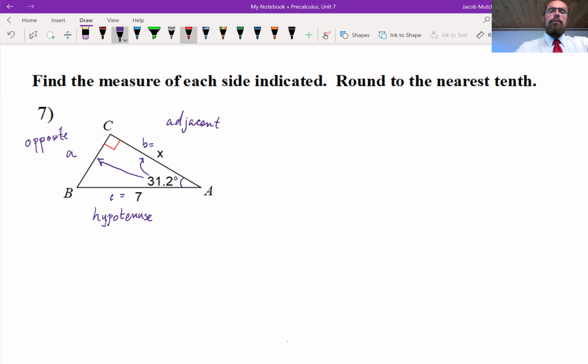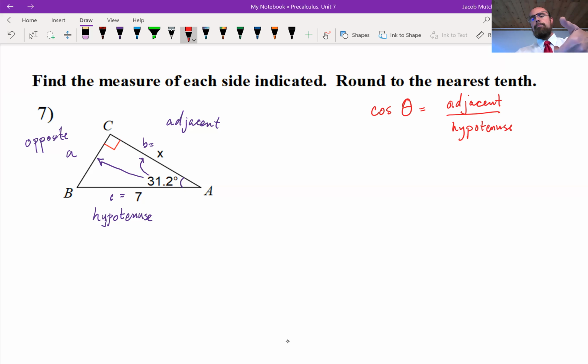Like we saw in our first example, there are some options. My first option is the cosine function. So cosine of theta would be given as adjacent over the hypotenuse. And then I did have a second trigonometric ratio.